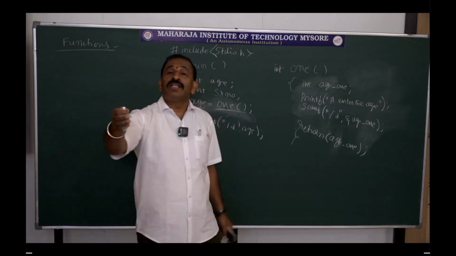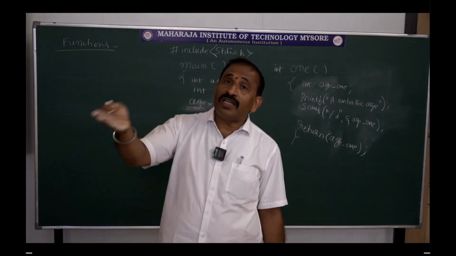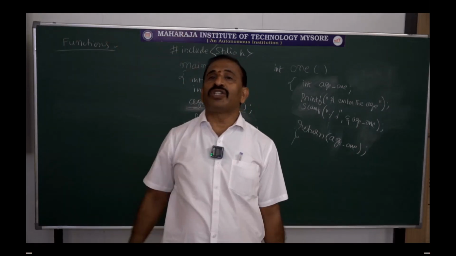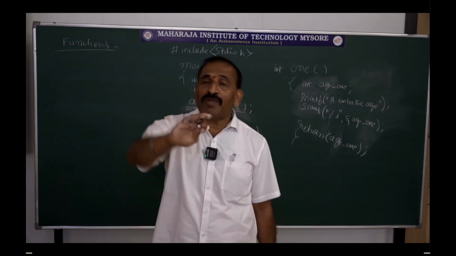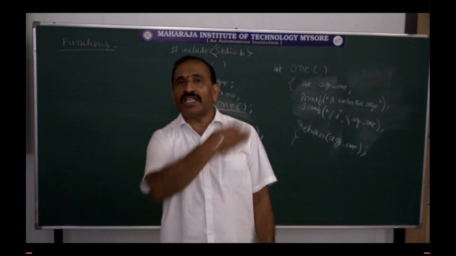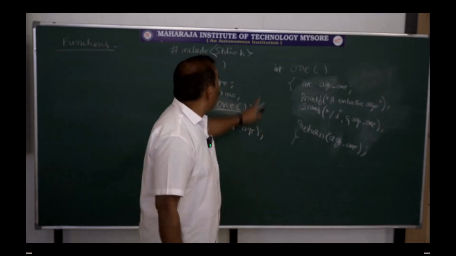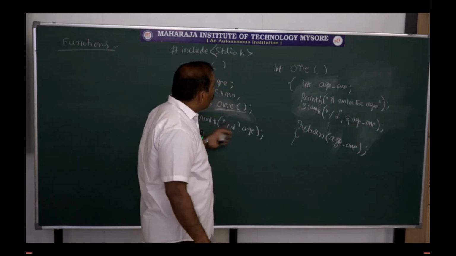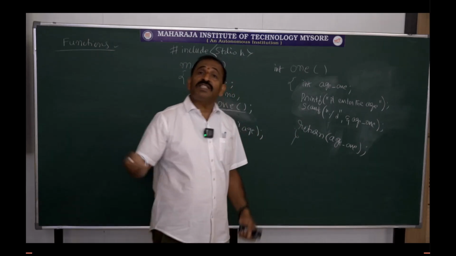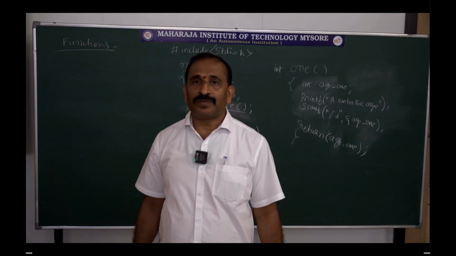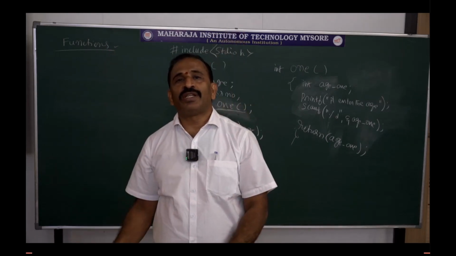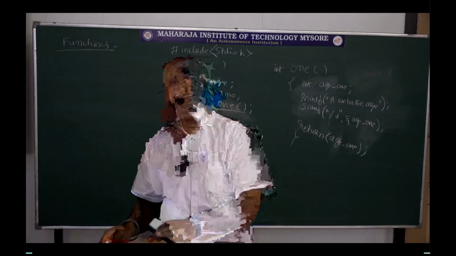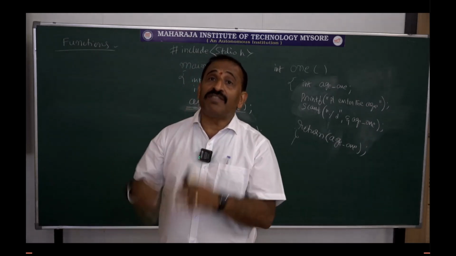It depends on what it is sending back to the calling function. So you have to make that type of declaration. If it is returning a float, then you call it float 1 like this. If it is not returning anything, it is simply executing and not returning anything, then you can write it as void.